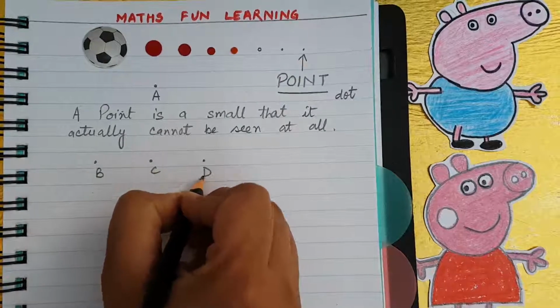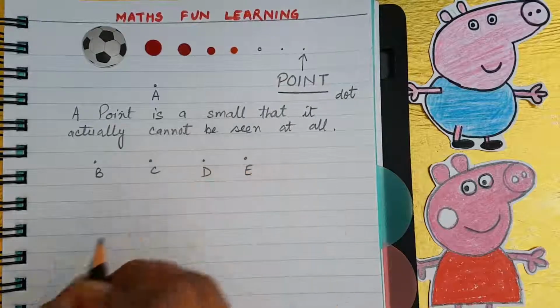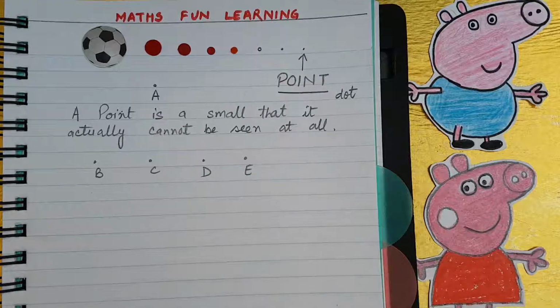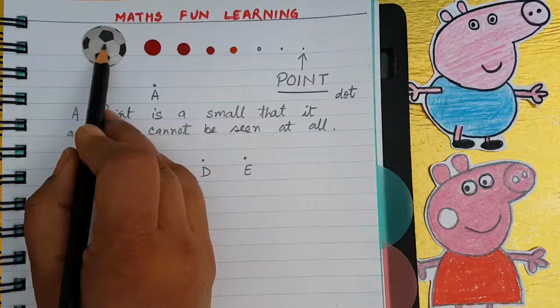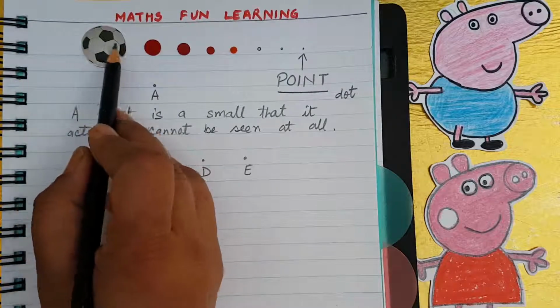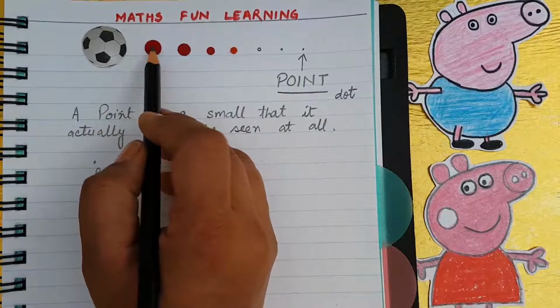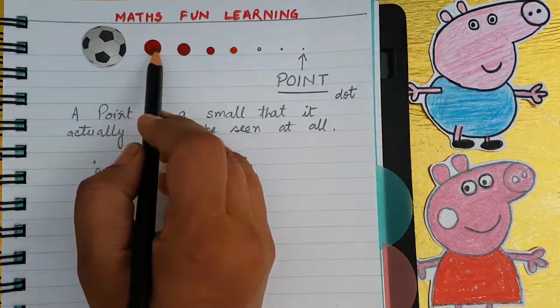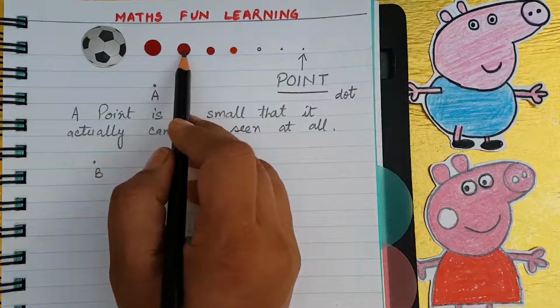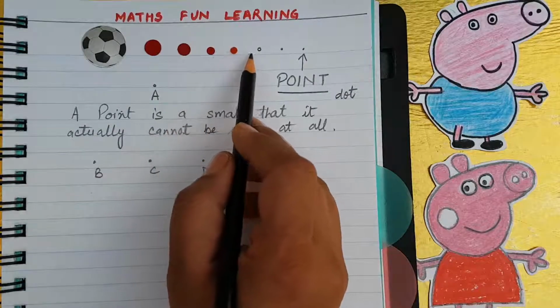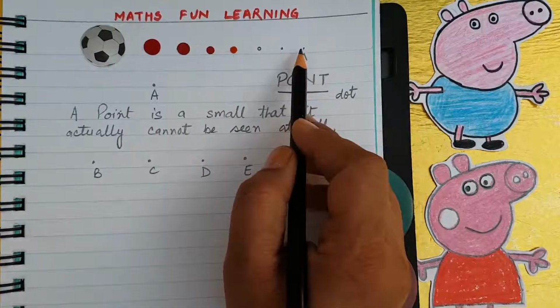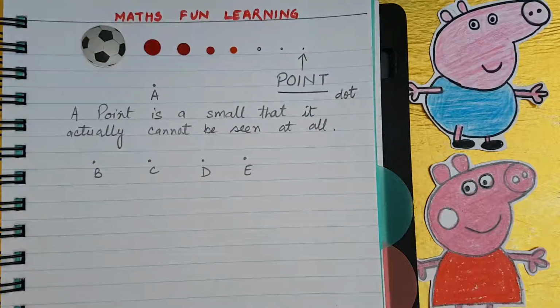In geometry, you can generally see this. This circle has a radius, this circle has a diameter. We can measure this circle with its radius. You can measure this circle with its length and breadth. You can measure these circles, but we cannot measure these points.